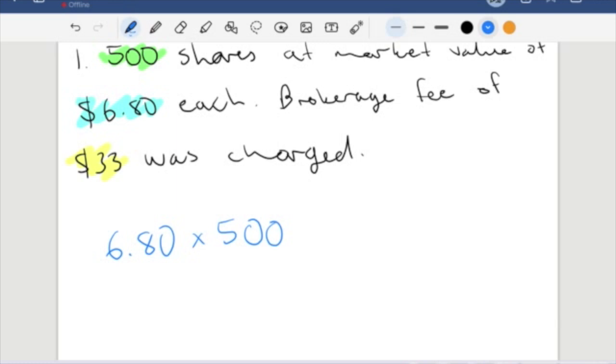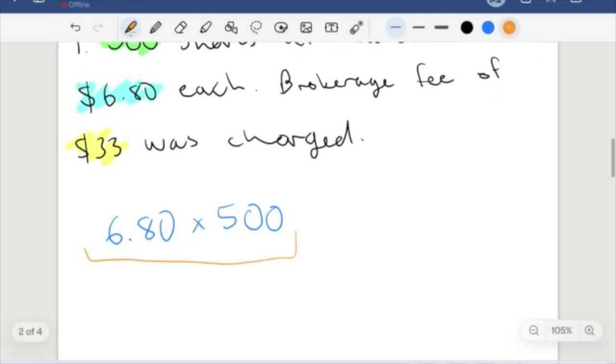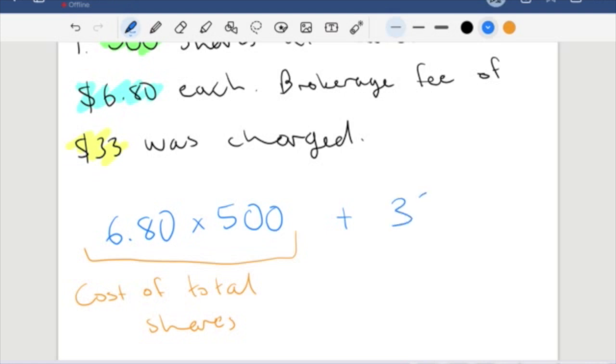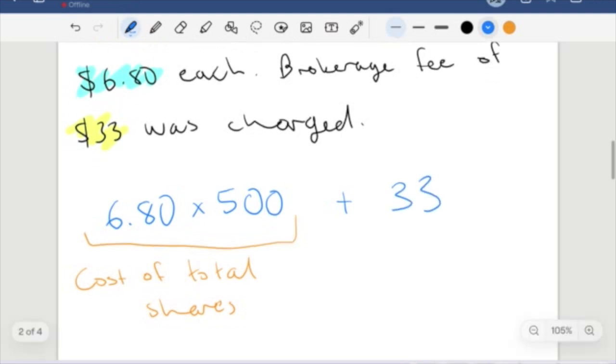So this part, let's underline it here, is our cost of total shares. But in addition to that, we have to pay the brokerage fee. So we're going to add to that, because it's just $33 more on top of this. So we have our cost of our total shares, and this here is our brokerage fee.